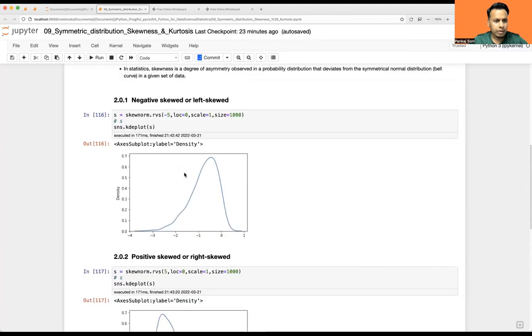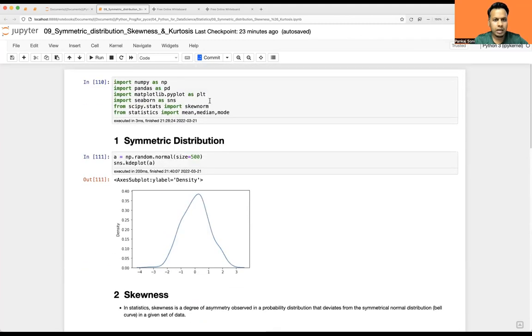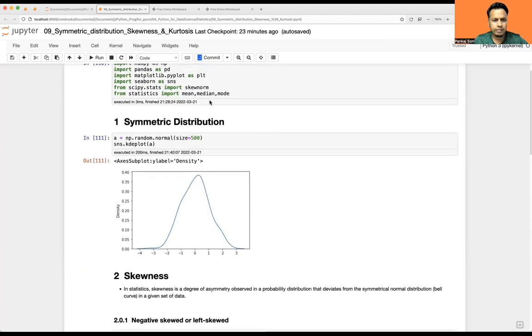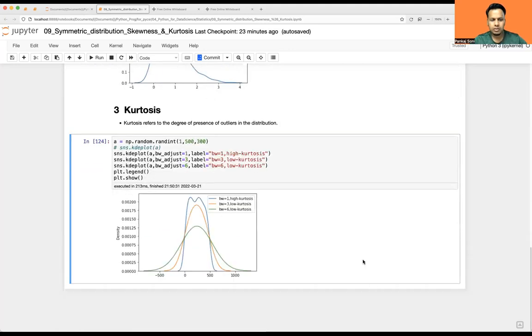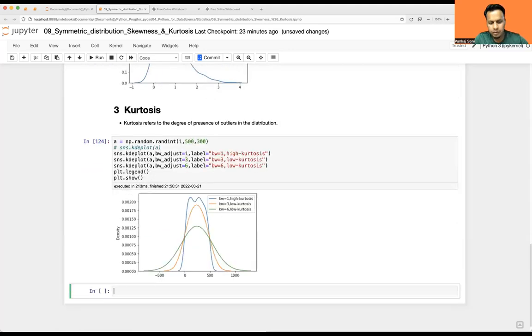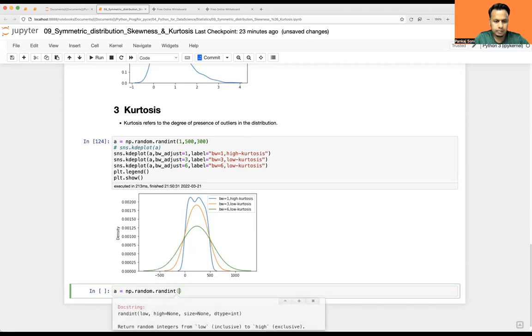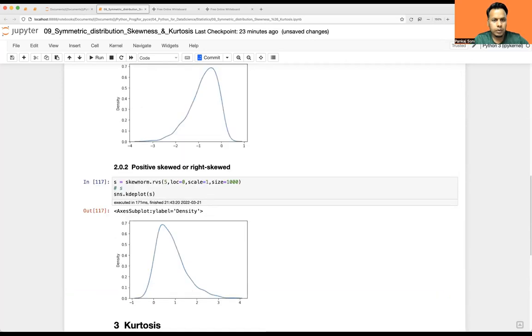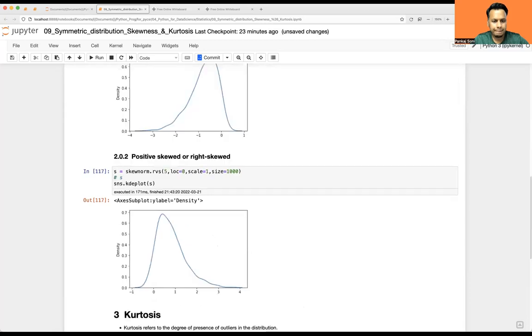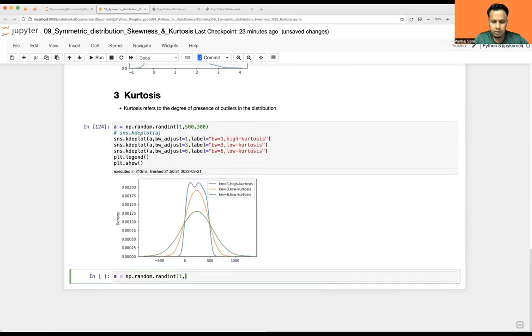Okay, and one more thing I wanted to show here: how to calculate skewness or kurtosis. So let's say you have been given data. I'm going to generate one small data frame. So let's say a equal to np.random.randint, 1 to 400.